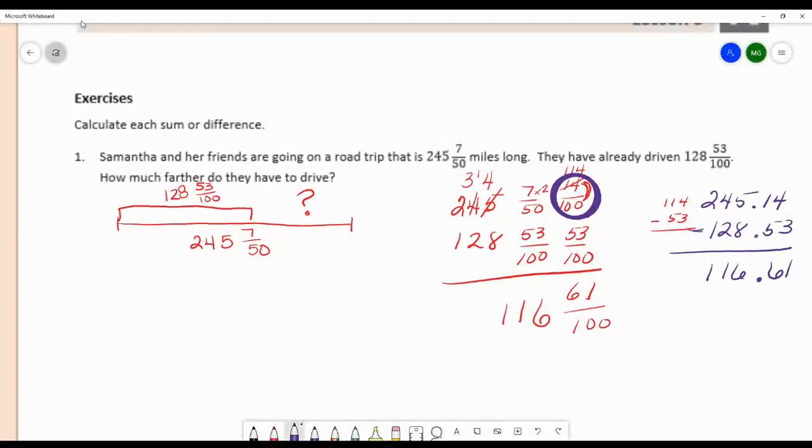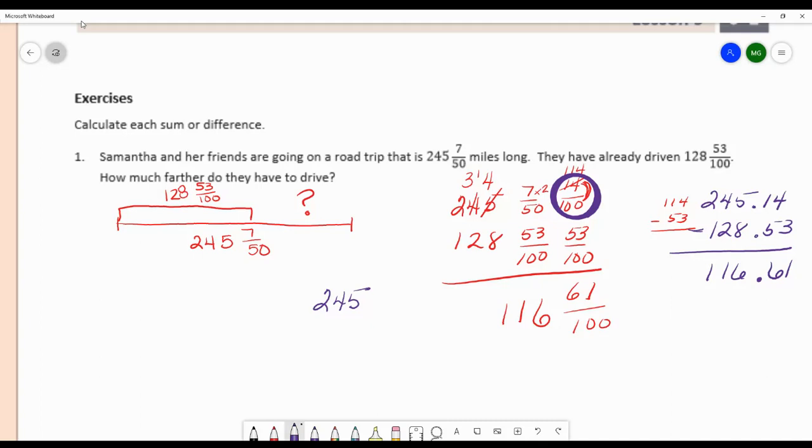And then I would also like to show you that we can estimate to see if our answer sounds right. So if we look at this 245 and 7/50, it's about how many miles? Yeah, 245. And 128 and 53/100 is about how much? Nope, not 128.